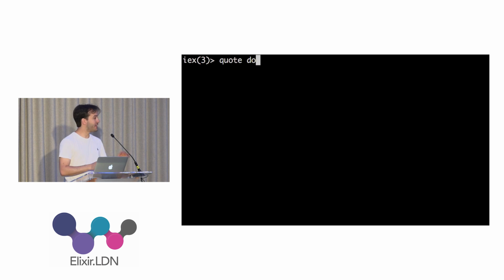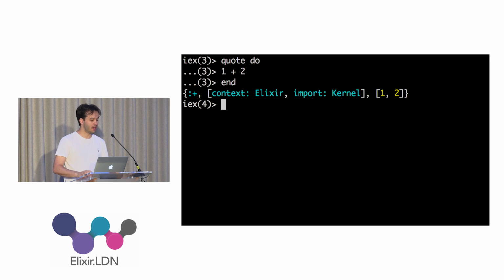That's a process that we can even do in the shell. We can say something like quote do, and we pass 1 + 2. The result that we got returned there, that's the Elixir AST, the code represented in Elixir data structures, the Elixir abstract syntax tree.